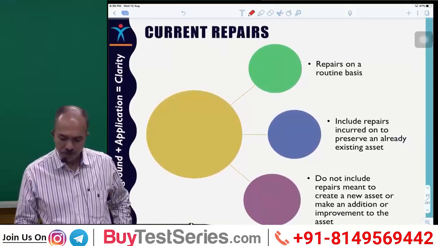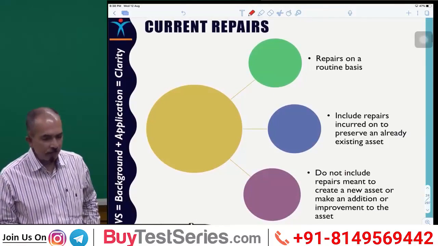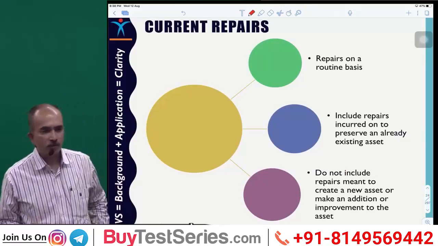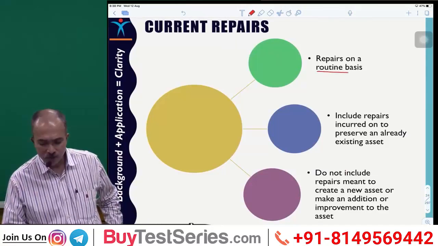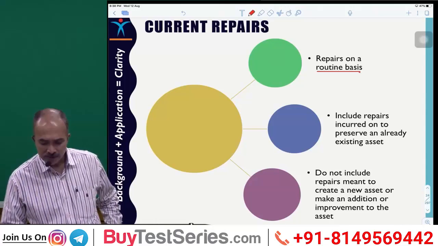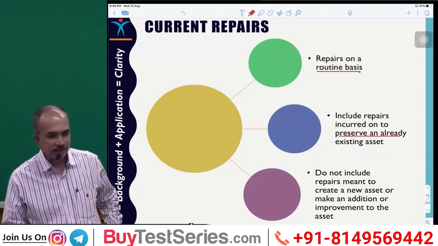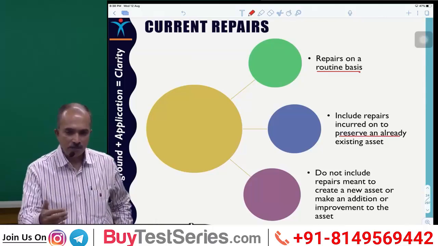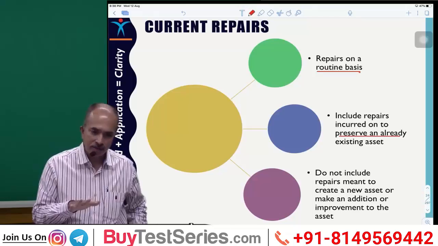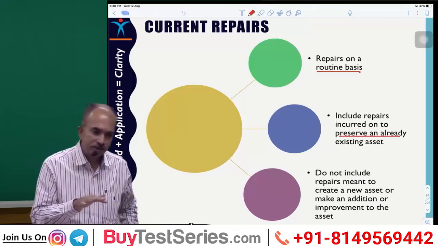So here we have to understand that when repairs are to be classified as current repairs, what are these repairs? Repairs which are done on a routine basis. They will include expenses to preserve an existing asset. I am only maintaining the existing asset. थोड़ा खराब हो गया, उसको repair करके ठीक किया. I have brought it back to its normal position.